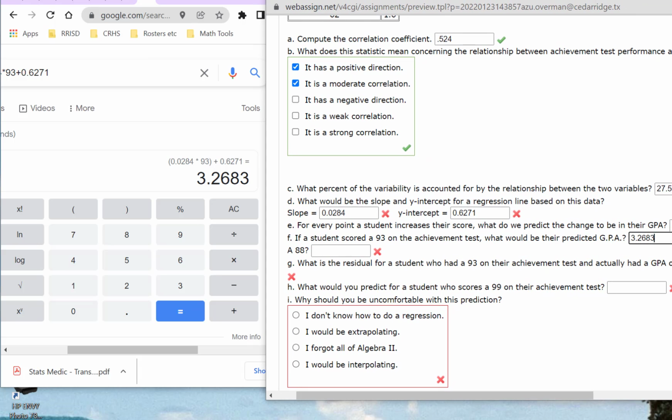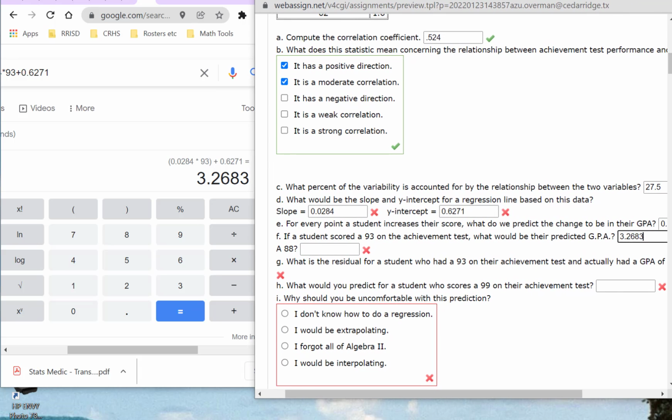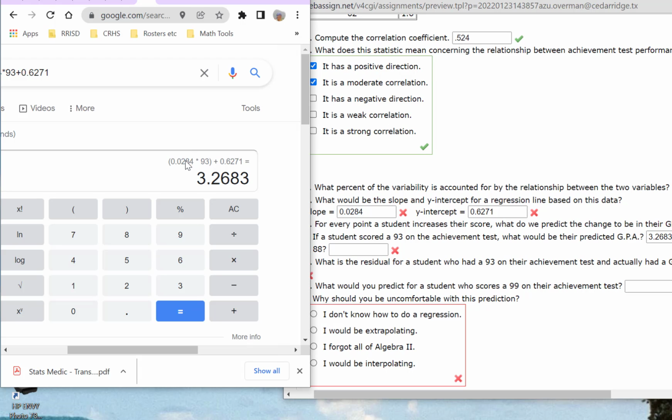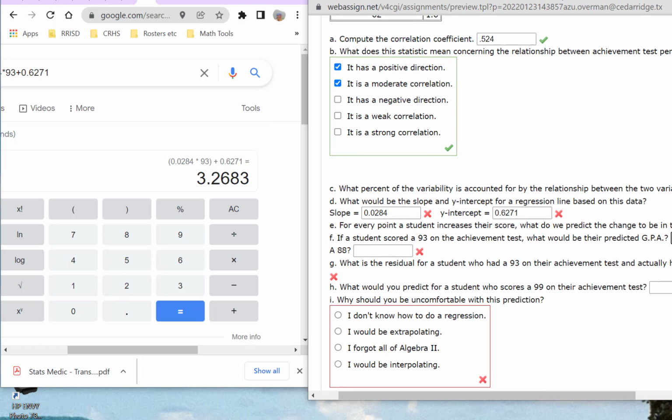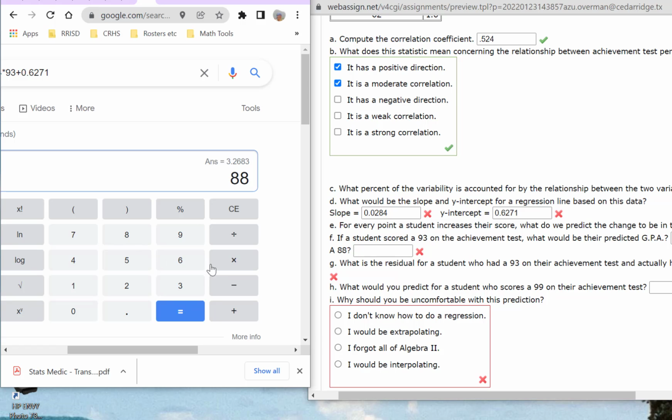If a student has scored what about an 88? I don't think it'll let me do that directly, so let's do 88 times our slope, 0.0284, plus, and hopefully it'll do that in the right order.